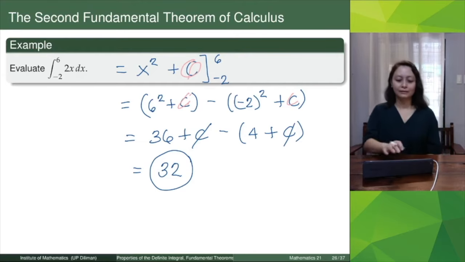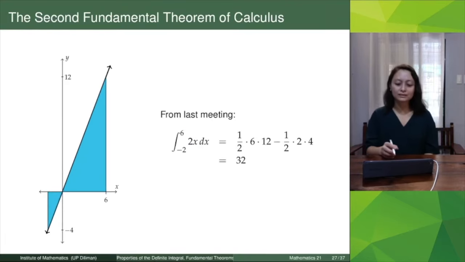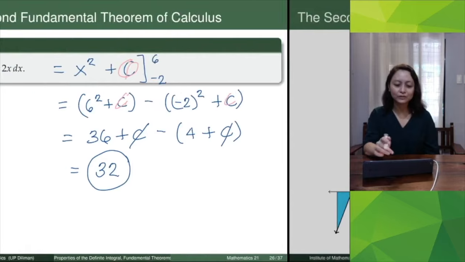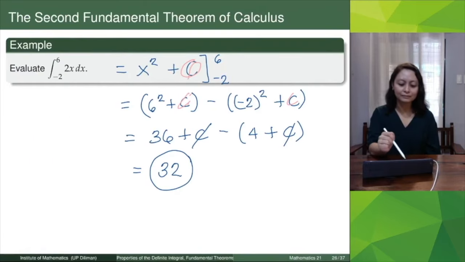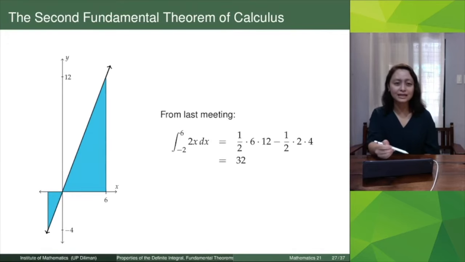If you compare this with what you discussed last meeting, siguro dun sa lecture 4.3, kinuha nyo yung value ng definite integral na to using geometry. Your formula in geometry. Kasi line lang naman siya, so you form triangles.